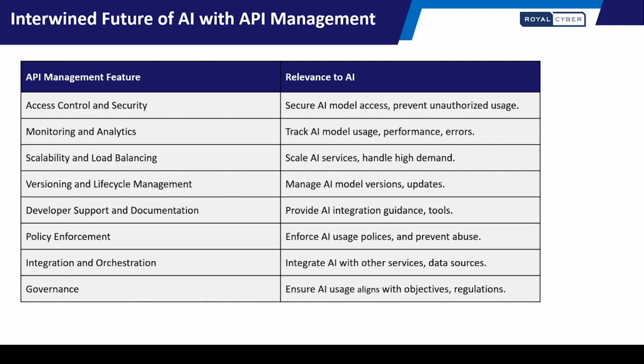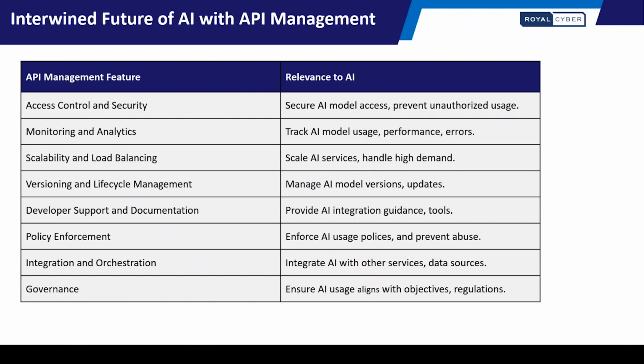This is relevant to AI because when integrating AI, it ensures that sensitive data and models are securely accessed. API management tools can enforce security policies to protect AI endpoints from unauthorized access and malicious attacks. Role-based access control, RBAC, can help enforce access policies effectively.